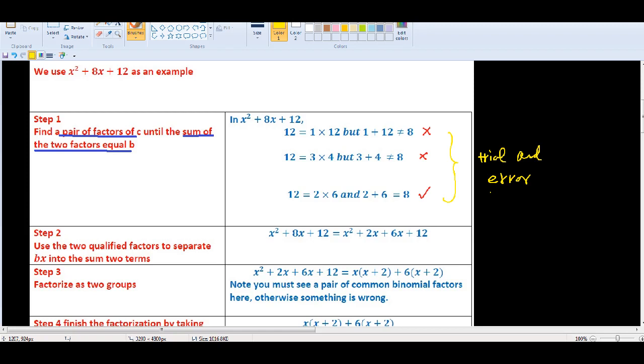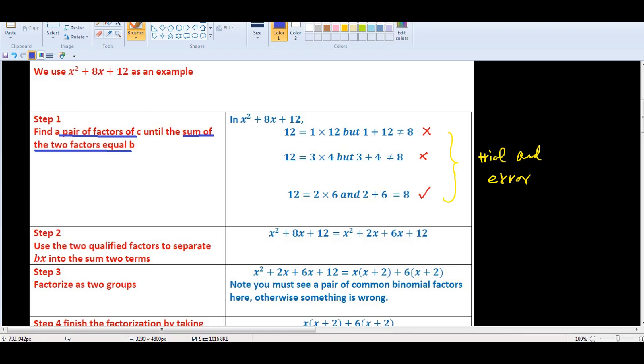When you're doing exercises in the examination, you should be very familiar with the skills. At that time, you don't need to write all the things, but right now we're still learning, so I'm going to show you the full picture.